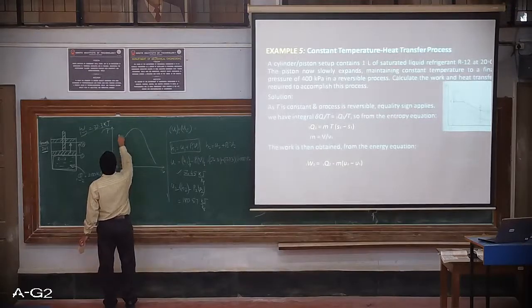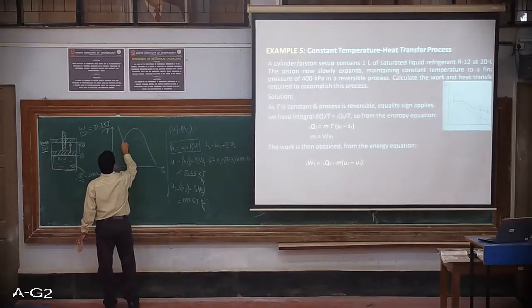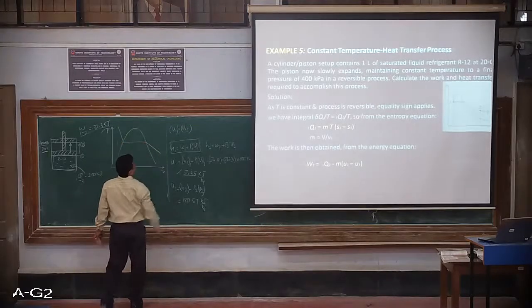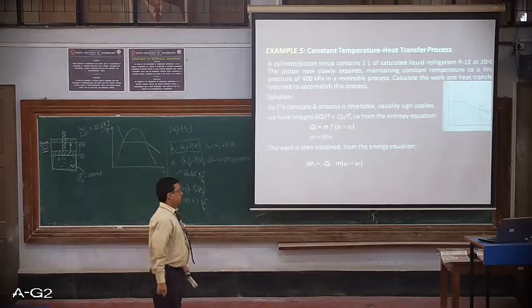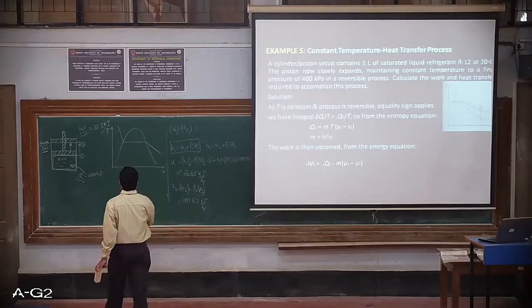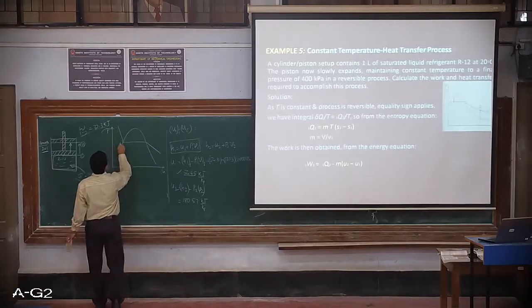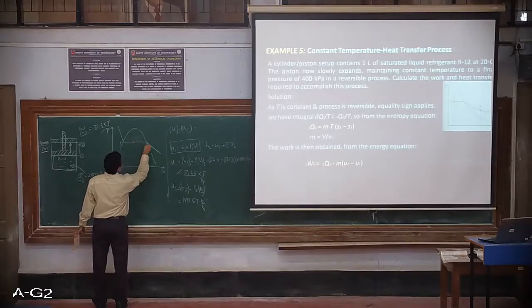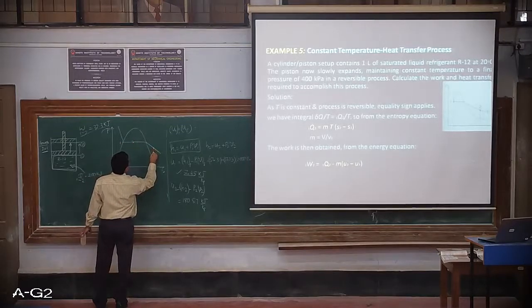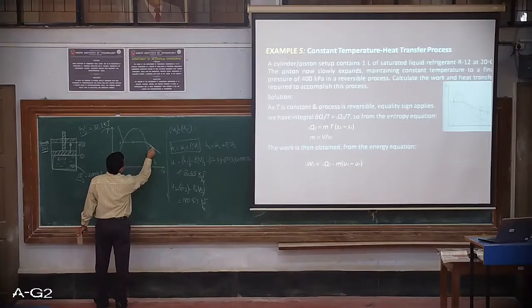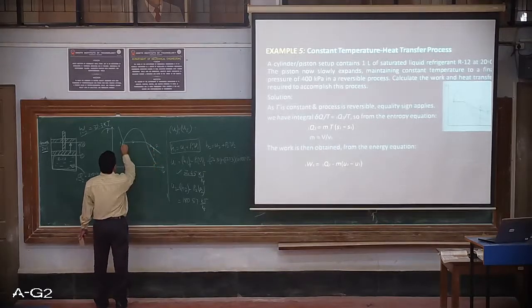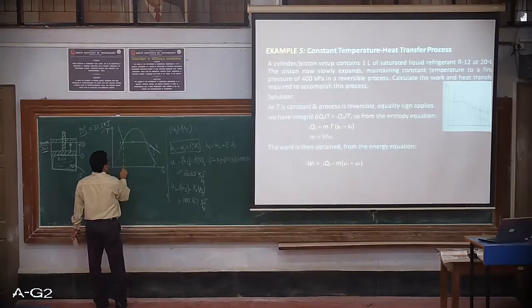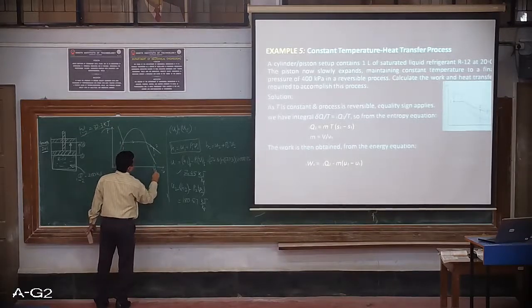On the PV diagram we have the temperature downward trend, on which you can locate it. So state point 1 is here at the saturation point, and state point 2 is somewhere here in the superheated region. So this is the final state. This is V1 and this is V2.